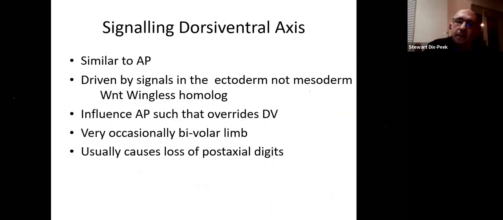And then in the same way as you would go superior, inferior, or preaxial, postaxial, you would also have signaling that would tell the cells that they're going to become palmar without hair, for example, or dorsal.